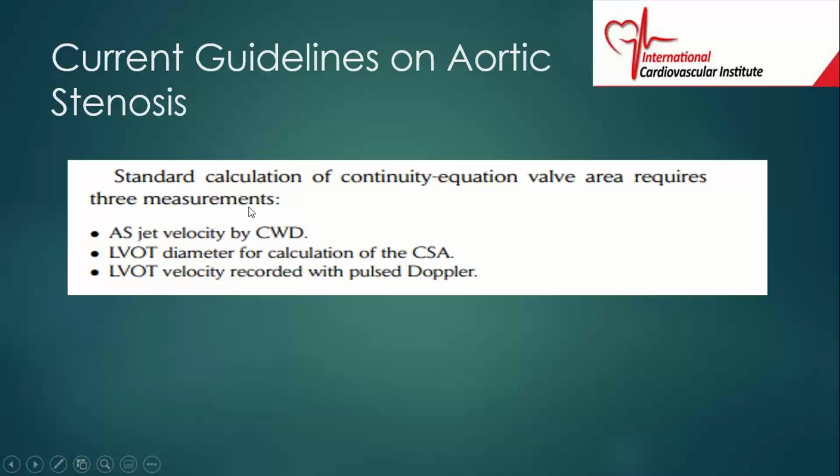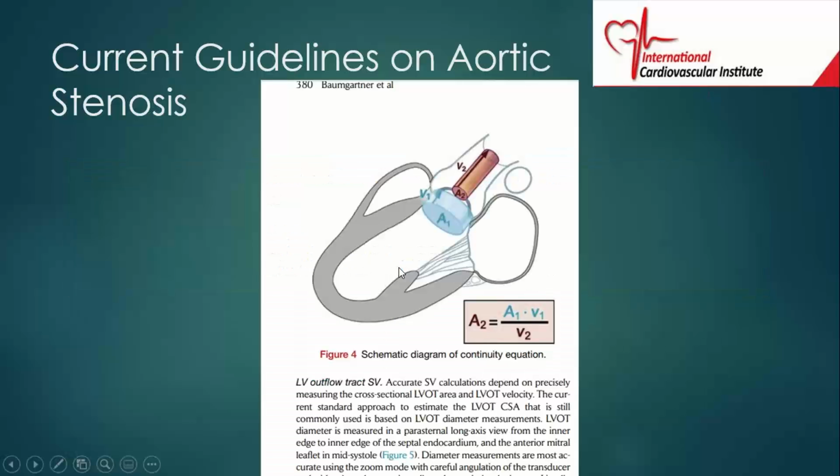The aortic valve measurement is a continuous wave Doppler measurement because the velocity is usually greater than 1.5 meters per second. So any velocity greater than 1.5 meters per second, you need continuous wave Doppler. If the velocity is less than 1.5 meters per second, you can use your pulse wave Doppler.